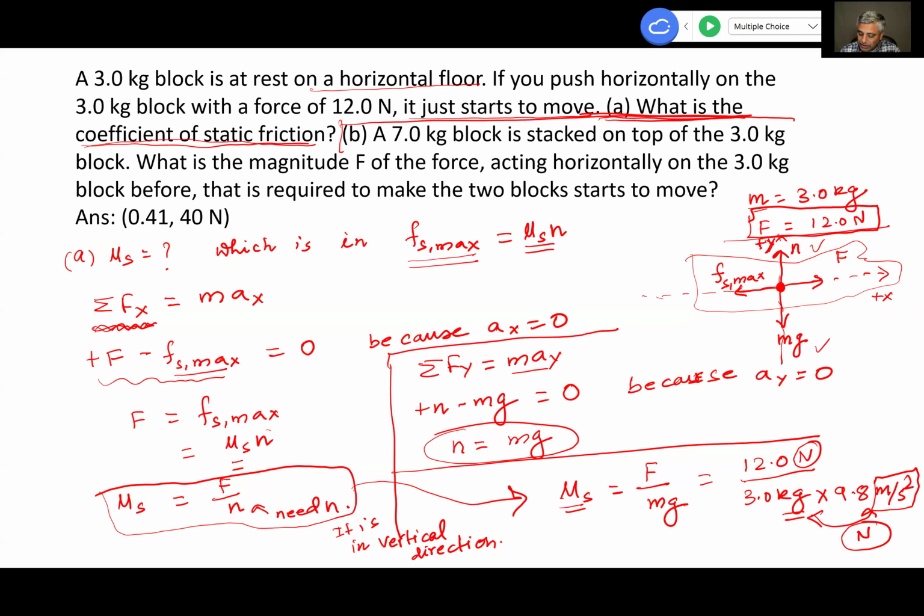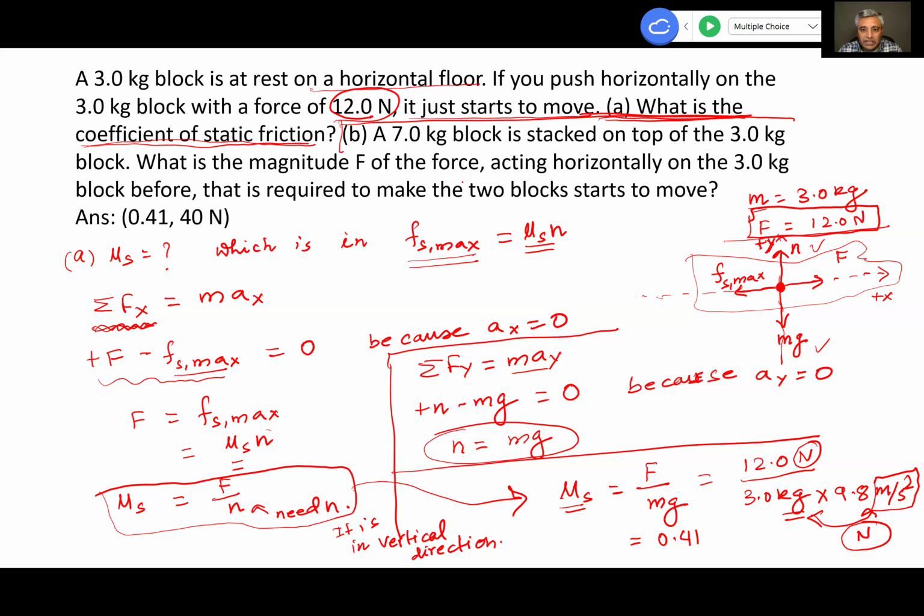So now when you work with these numbers, you get 0.41 when you round it to 2 sig fig. Okay, so this is a 2 sig fig problem because it has a 3 sig fig here, but everything else has 2 sig fig. So we round it to 2 sig fig. Okay, so that's part A of the problem.